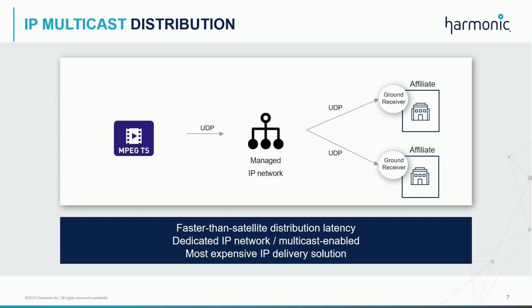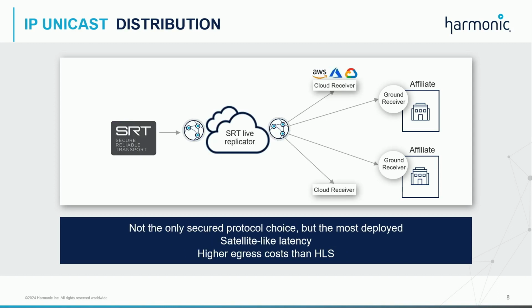And this is why the alternative of using the open internet and protocols in order to counterbalance the unreliability of the open internet has come to the fore. The first example that I'm going to use here is using a protocol like SRT in order to secure a UDP-based distribution system, but in this case, we are no longer on a managed IP network.